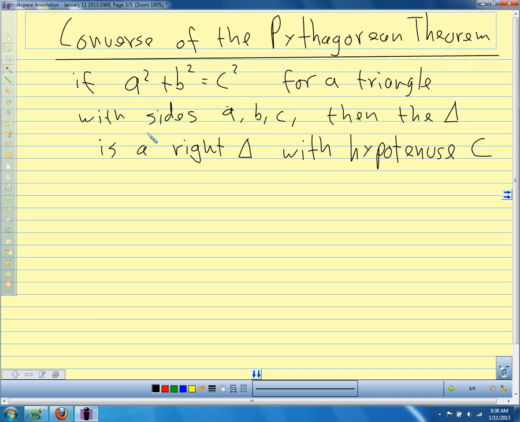So the kind of problem that you'll see using the converse, and we've done some problems like these already, would say, is a triangle with sides 5, 12, and 13 a right triangle?